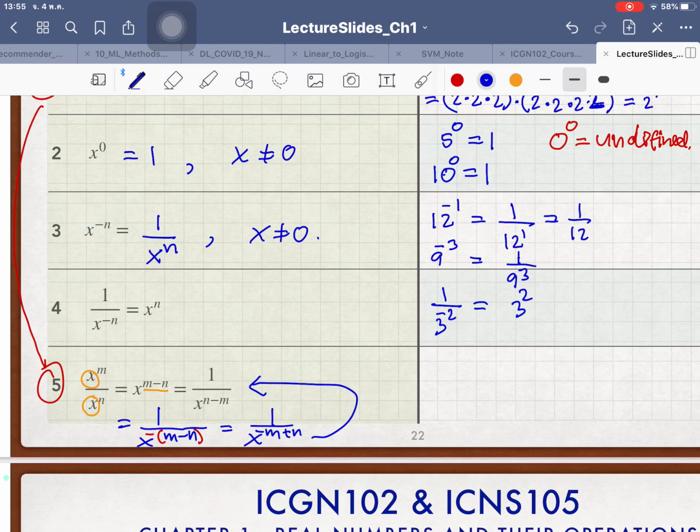So let's see some examples. How about if we have 2 to the power 5 divided by 2 squared. 2 to the power 5 means that you have 5 repeating terms of 2, so let's write out all the terms: 1, 2, 3, 4, 5 terms. Then 2 squared means that you have 2 repeating terms of 2, only 2 terms.